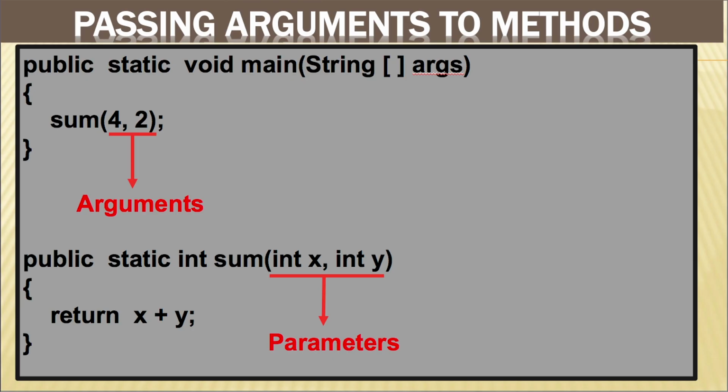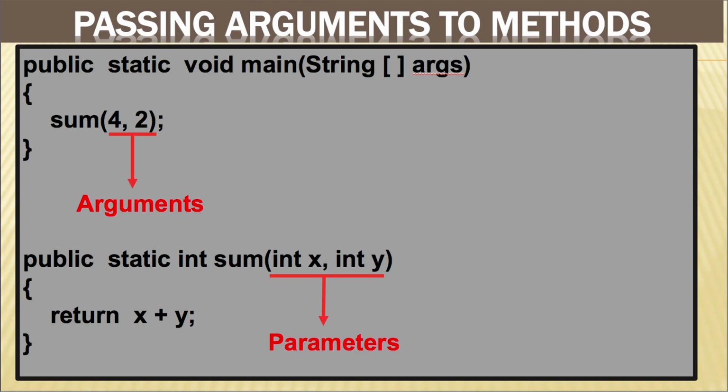So 4 will be transferred to x and 2 will be transferred to y, and finally we find the sum of x and y, meaning the sum of 4 and 2. So 4 plus 2, this function will return the value 6.